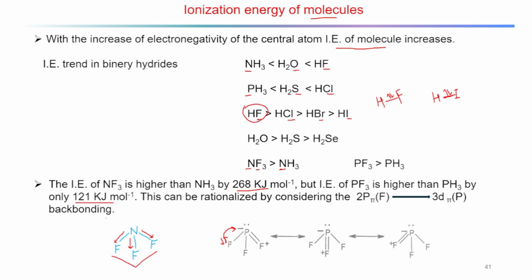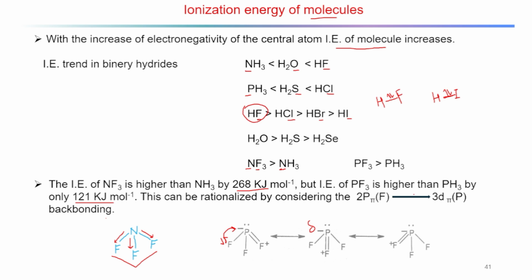But in case of PF3, fluorines are pulling the electrons because of the inductive effect, but at the same time, because of the resonance effect or p pi d pi back bonding, they are also giving back the electrons. Now this phosphorus, the central atom, has a partial negative charge. This is called a delta negative charge. Delta sign is like this. Because of this partially negative charge, it is relatively easier to remove the electrons from PF3.